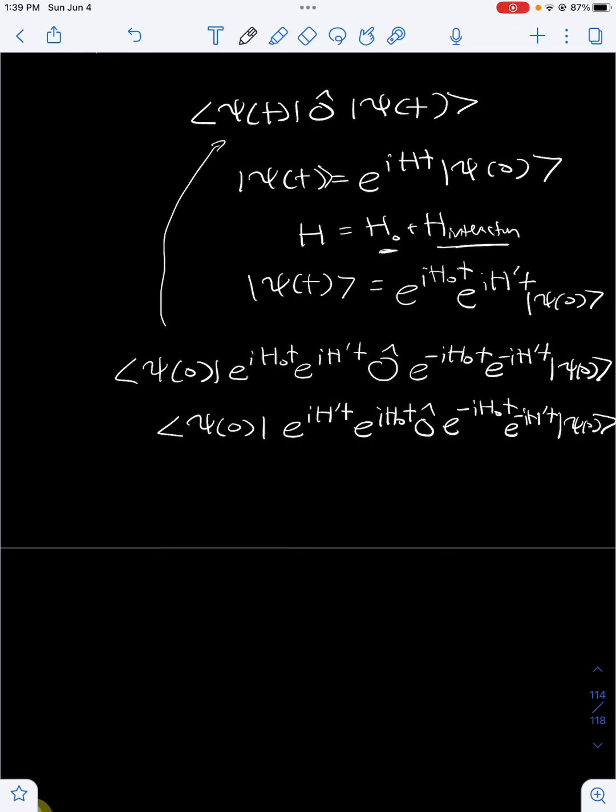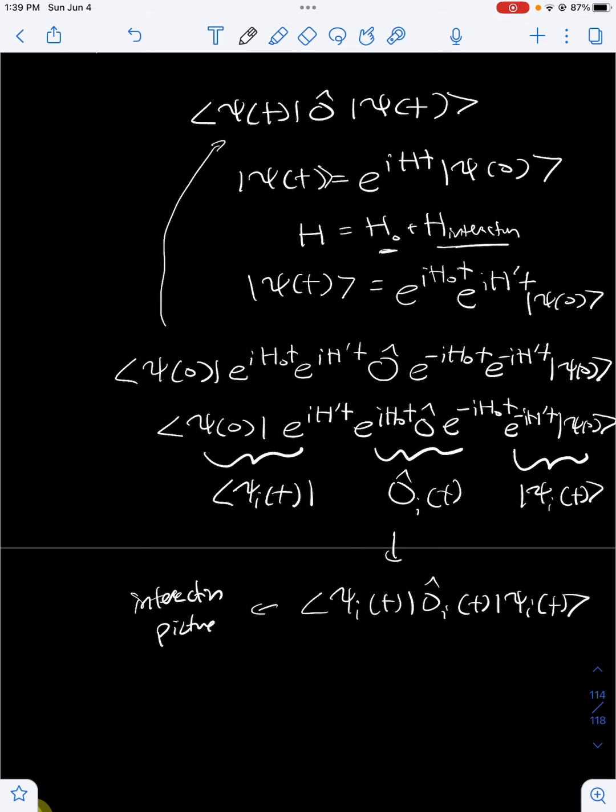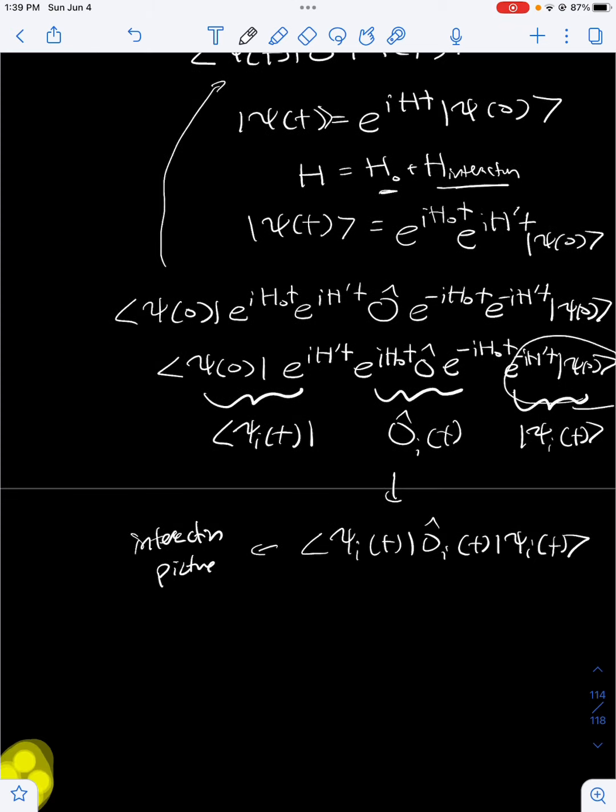we can then absorb the interacting part into our states, and then the free part into our operator. And this defines psi I of t, and then the covector form. And this defines O I of t. And we call this new product over here the interaction picture. With the interaction picture, we let our states evolve with the interacting part of the Hamiltonian.